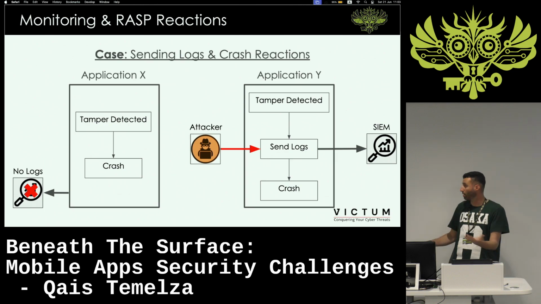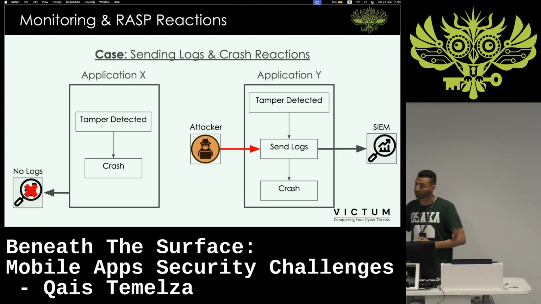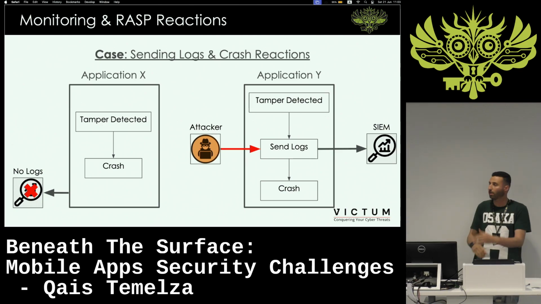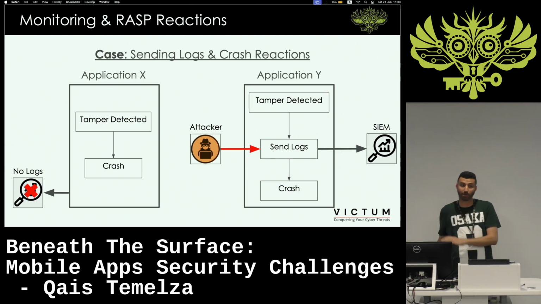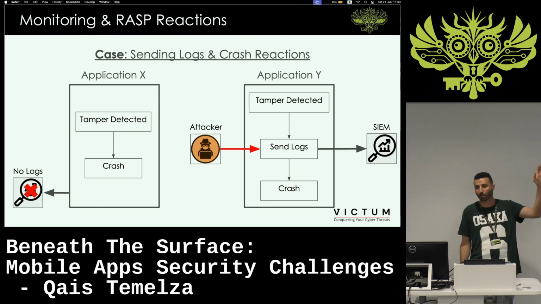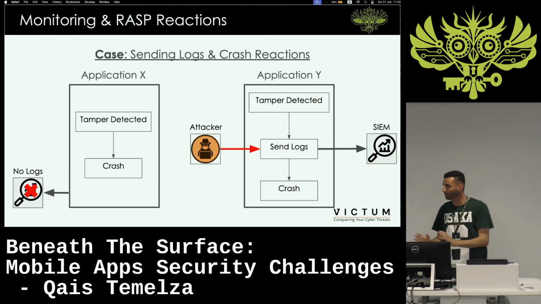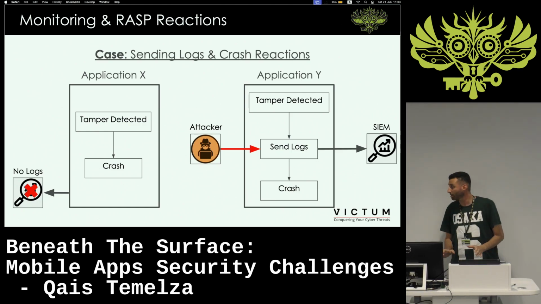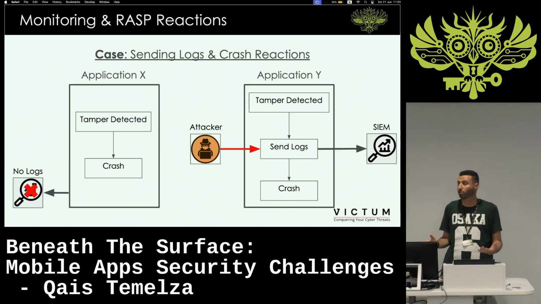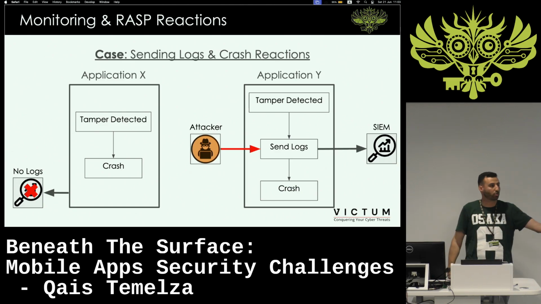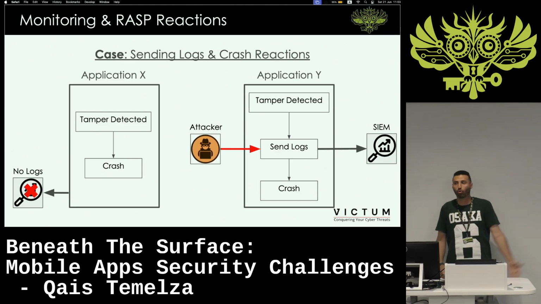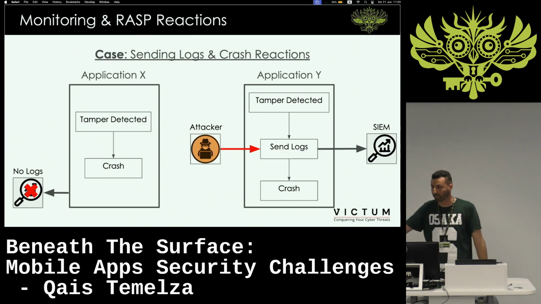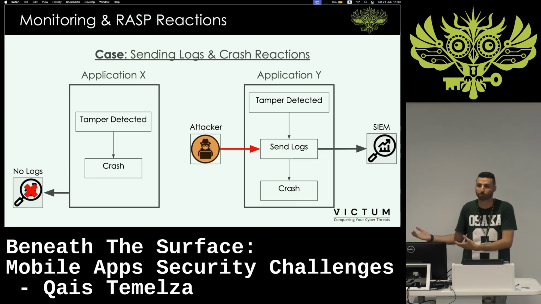Another way to protect against this, for example, is to save the logs in some secure way, crash the app, and then in the next launch try to send the logs to your backend. That way sometimes reduces the risks, but that's basically the challenge here. You're either blind, or you face some risks because you want to send logs.